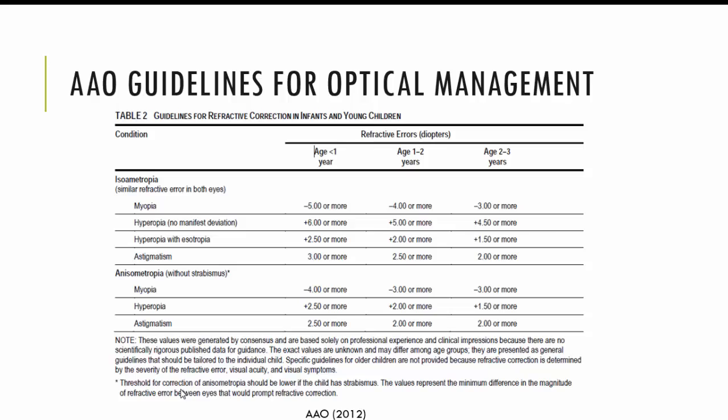I prefer that you think about the principles that we've talked about and manage the patient according to those principles. But it does give you a bit of a sense of where the thresholds lie for when to leave a patient uncorrected versus when to correct them. Again, the thresholds will differ between clinicians, but it gives you a little bit of a guide as to what to expect.